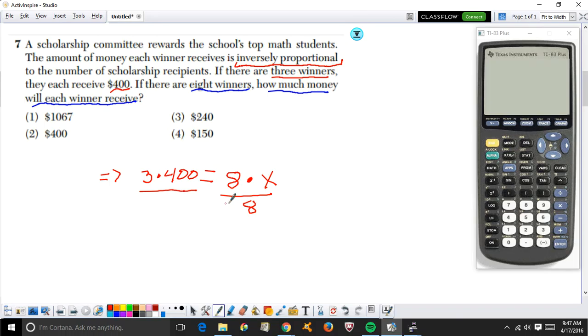We divide by 8. So x is equal to 3 times 400 divided by 8. So we see that x is equal to 150, which makes example 4 our solution.